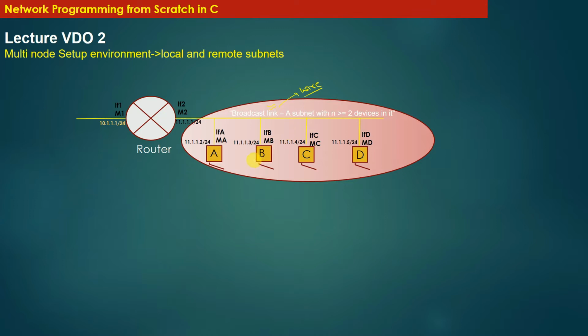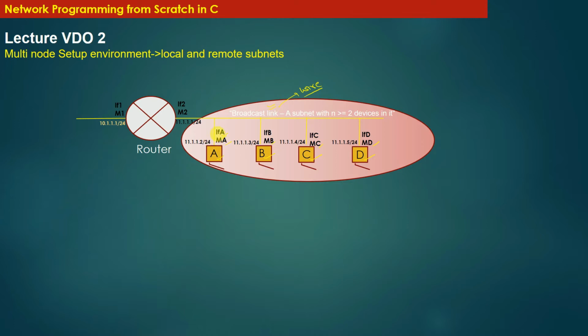So you can see that in this diagram, each machine, that is machine A, machine B, machine C, machine D, are connected to the broadcast link through their respective interfaces, which have the MAC addresses MA, MB, MC and MD. Right? So what is the network ID of this broadcast link?